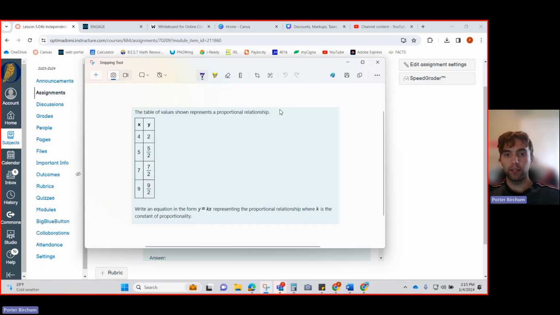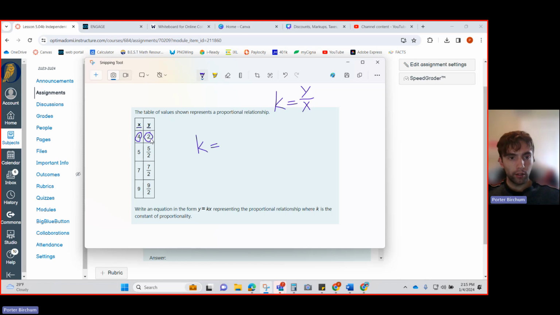To find the constant of proportionality, to find k, I do y divided by x. This table is nice because it tells us what the y's are and what the x's are. So just for simplicity, just to keep things easy, let's use these first two numbers. K equals.